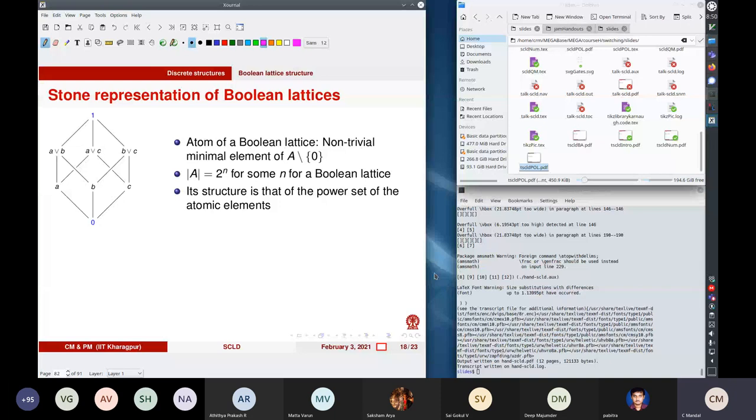Those are the various subsets of the atoms, because it's unique only up to permutation. The join of any subset of the atoms of a Boolean lattice will be an irredundant, irreducible join representation of an element.